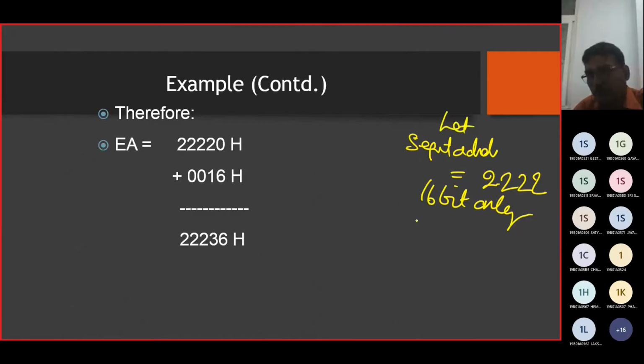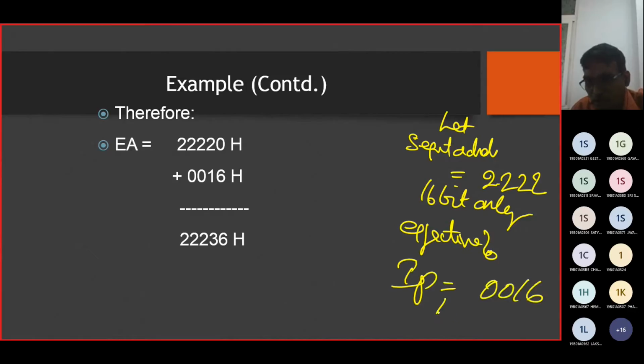Let the effective address need to be calculated, and let the instruction pointer be 0016. It is also 16-bit only.